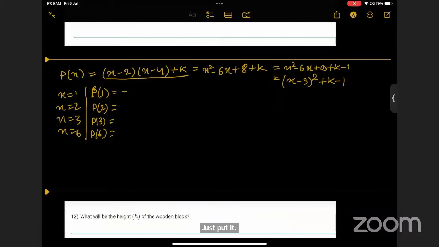So it will be 1 minus 6 plus 8 plus k, that is 3 plus k, right?